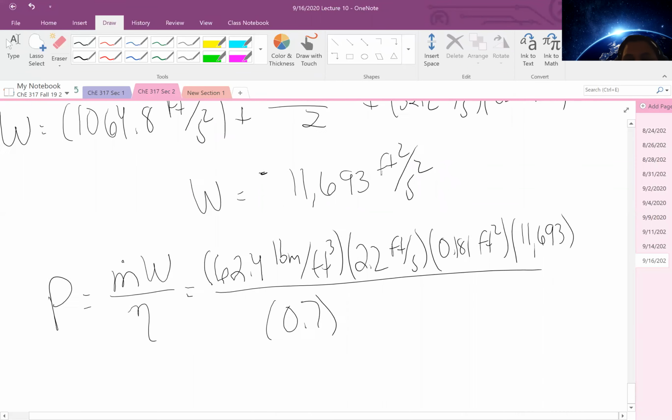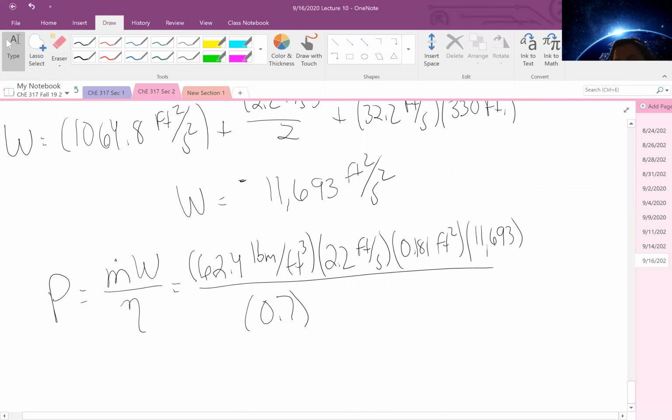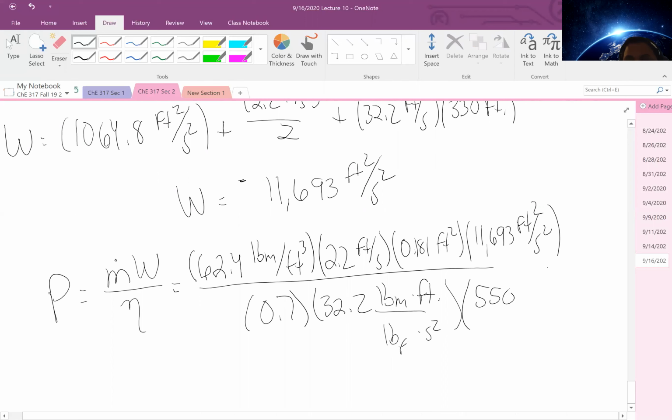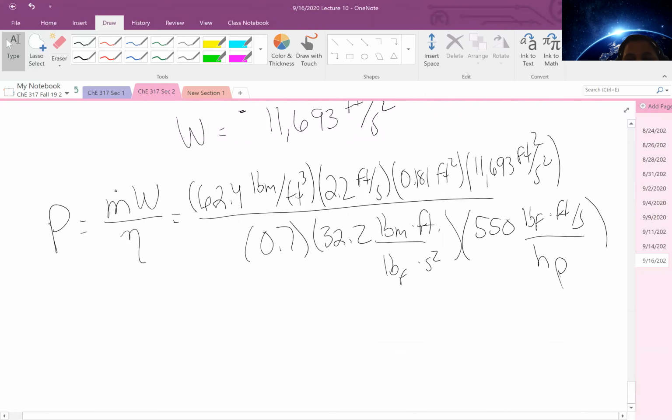Last thing we have to do though is convert because we have to put it in pound force. So we would divide, I'll put it over here, 32.2 pound mass feet per pound force second squared, and then divide it once again by 550 pound force feet per second per horsepower. And this will give us our power in horsepower.